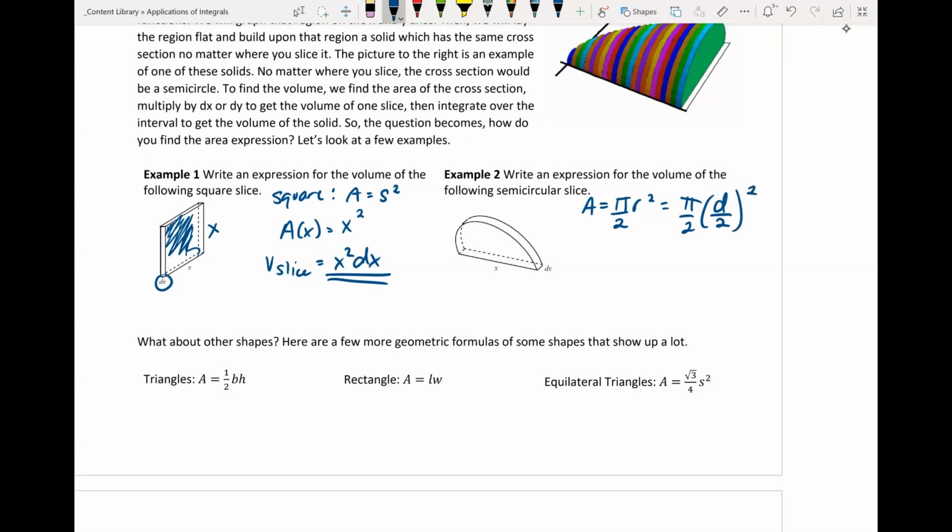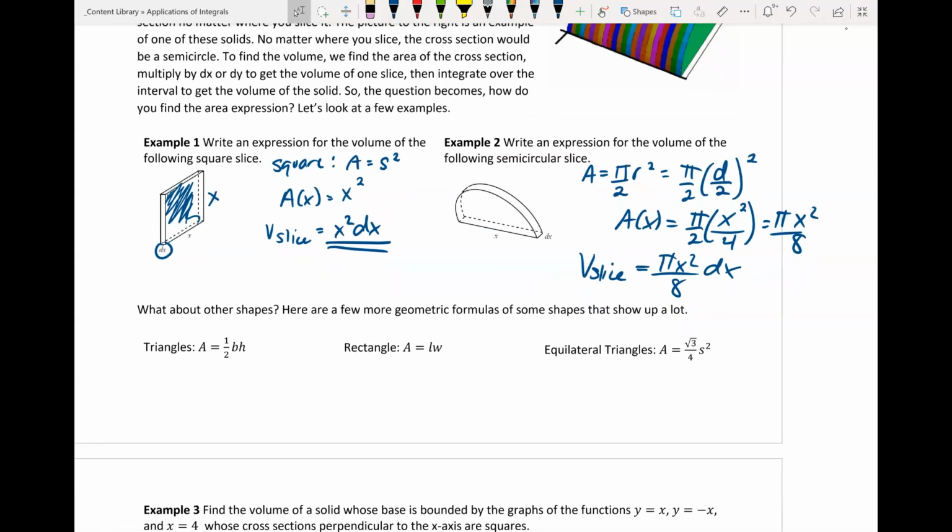So if I'm looking at the one face here, the area will be pi over 2, and we replace d with x because that's what it says in the picture for the diameter. I'm going to bring the 2 in, so this is x squared, and then 2 squared is 4. So it'll be pi x squared over 8. So the volume of the slice is going to be the area multiplied by the width, which is dx.